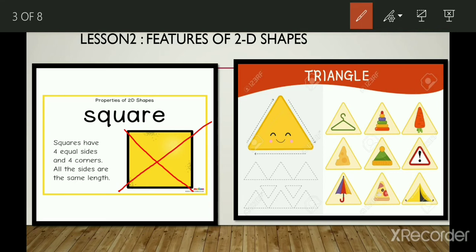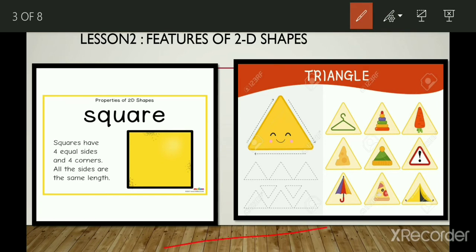Is there any opposite corner for the corner A? No. Any opposite corner for corner B? No. Similarly, no opposite corner is there in a triangle for corner C also. Therefore, we cannot draw a diagonal in a triangle.